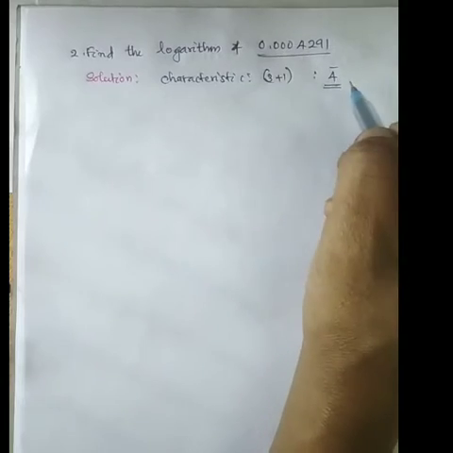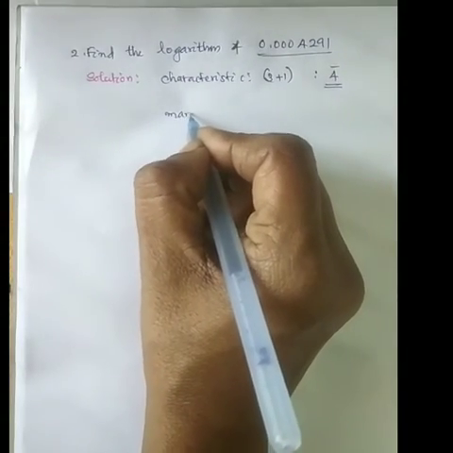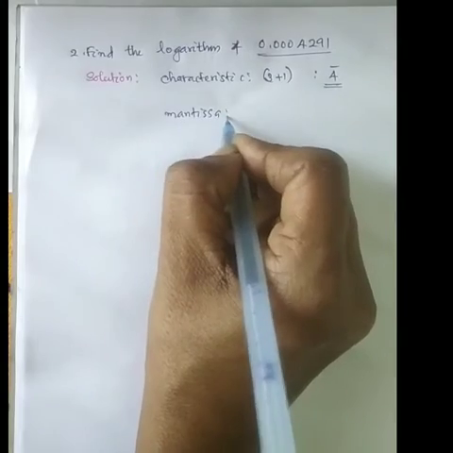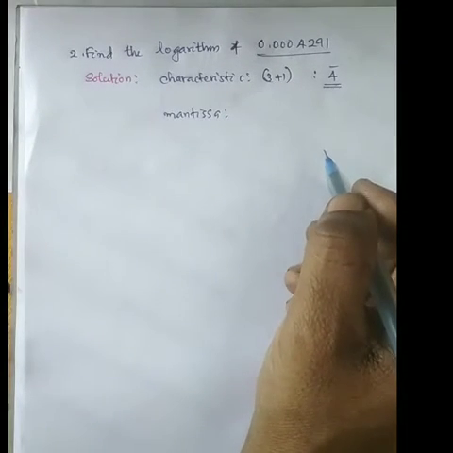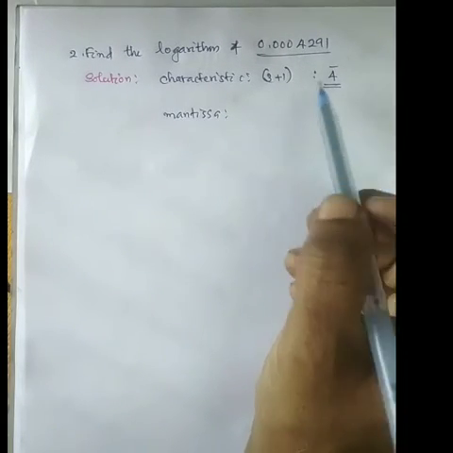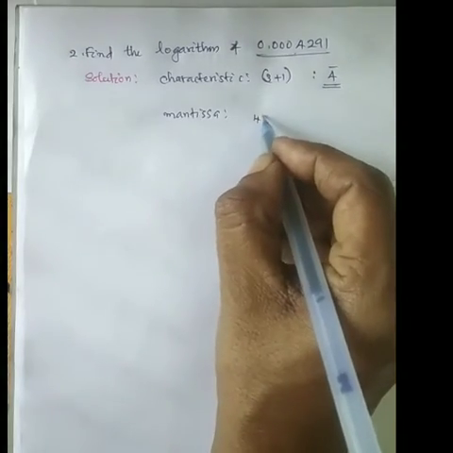Next, find the mantissa. Ignore the decimal point. Consider only the number 4291.